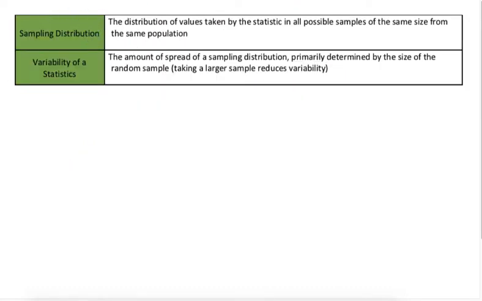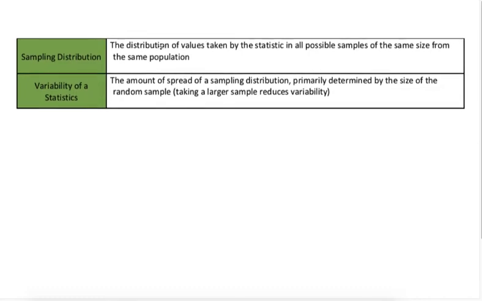So when we start taking our samples over and over again, we start to get a distribution here. And this is the distribution of values taken by the statistic in all possible samples of the same size from the same population.